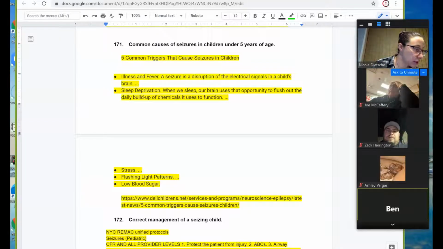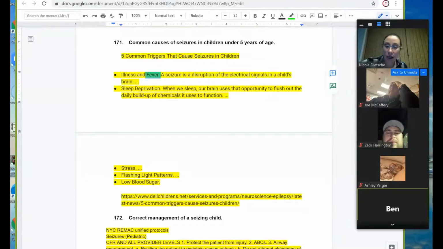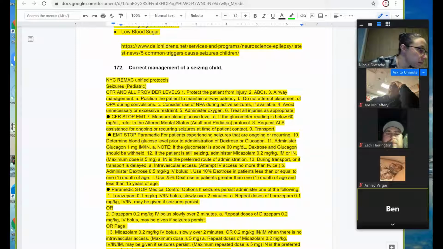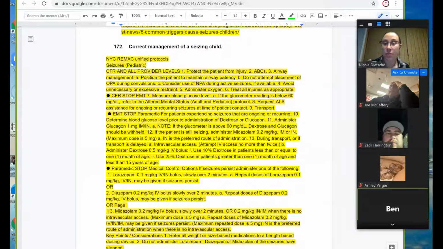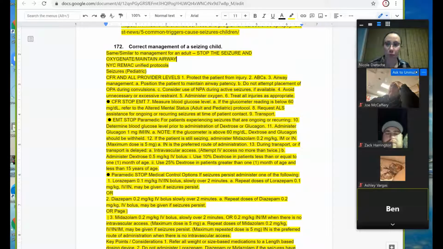Seizures. Emphasis. Cool. Come on. Highlight.